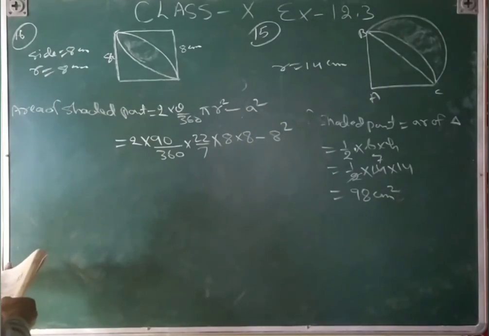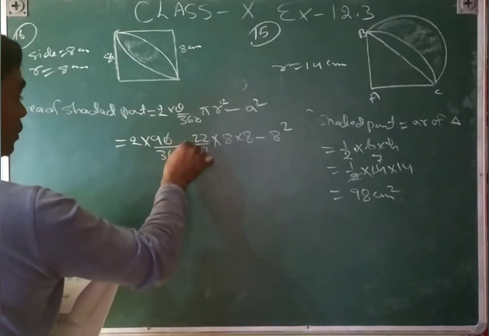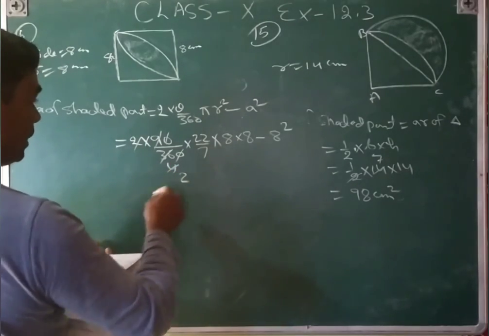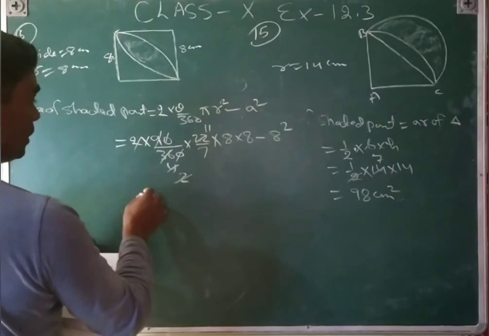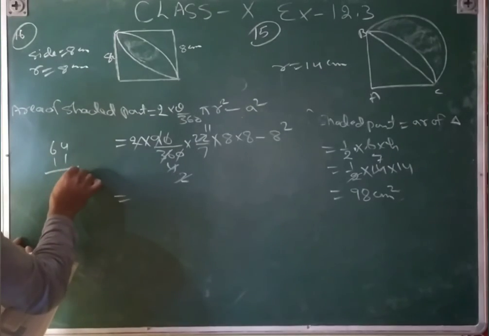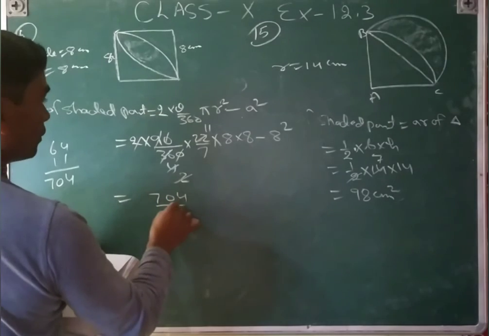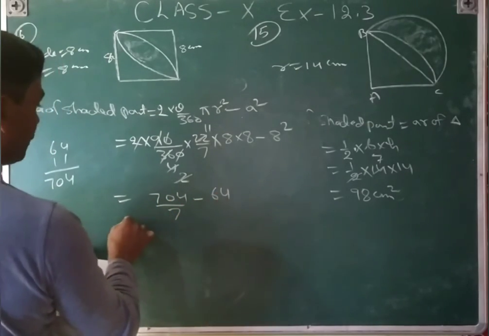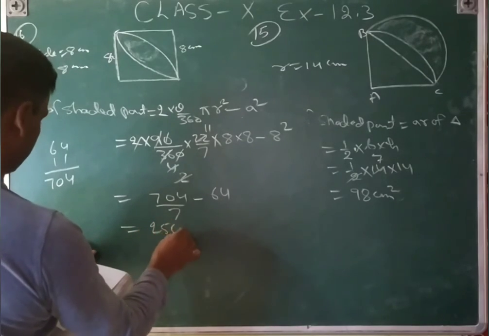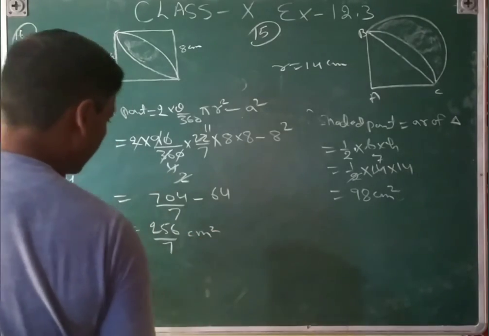Simplifying, 8 into 8 is 64, and we get 704 upon 7 minus 64. By subtraction, it will be 256 upon 7 centimeter square.